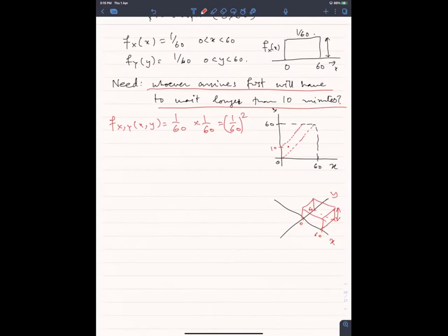We are talking about a probability which is given by this shaded region. ये जो shaded region है, ये वो है जहां पे x और y में difference 10 से ज्यादा है. Similarly, this region here is also the region when the difference between x and y is greater than 10.